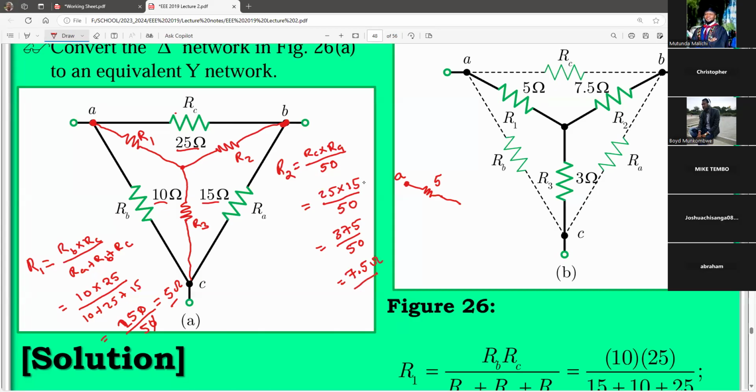ohms as R2. So again, you have that neutral point, then you have this as point B, then 7.5. Okay.